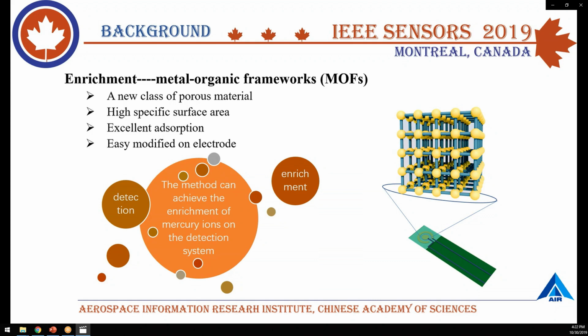It can efficiently improve the electrochemical activity of the electrode because MOFs have the advantage of high specific surface area. At the same time, when we detect the mercury ion by electrochemistry, the mercury will be absorbed by MOFs, so we can improve the sensitivity and not require separation by this method.